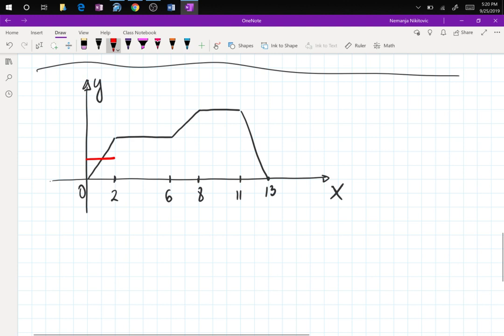What is happening with the black function, with the f of x, with the black line? What is happening with the function between 2 and 6? Constant. Now, what does that mean for the derivative, which measures the change? 0. Do you catch that in the way it's said, in the English language? The change of a constant is zero.